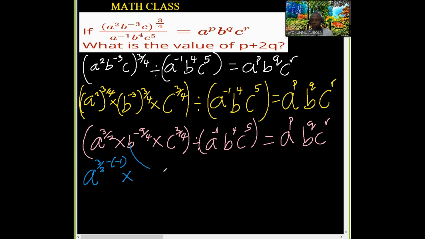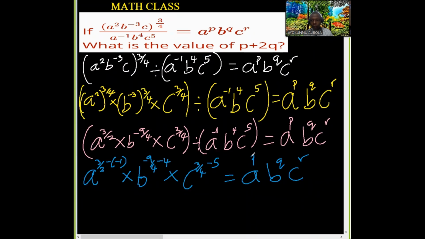Then times, you combine the b also, which is b raised to power minus 9 over 4, minus the other power, which is 4. And finally, c raised to power 3 over 4, then minus 5. So everything now equals the a, b, c outside, with p, q, r powers.